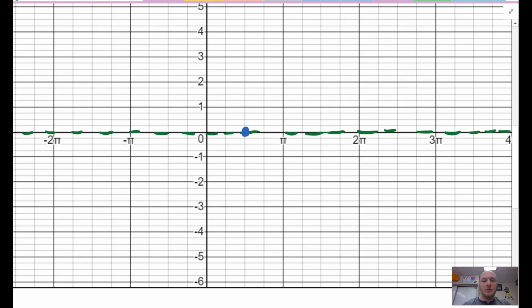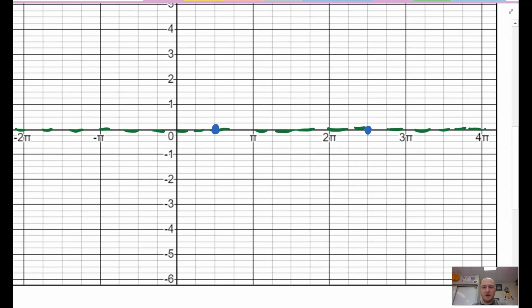And then I'm going to go ahead and repeat. Our period is 2 pi, so every 2 pi will repeat. So there is your function, the beginning and the end. And then we'll cut that in half. So for a sine function, I'm going to have a midpoint there, back on my midline.